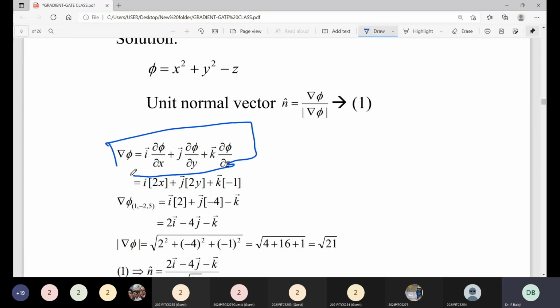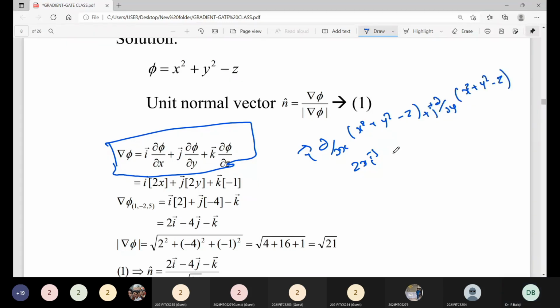Then we are finding dou by dou x of x square plus y square minus z, that is 2x into i vector. Then dou by dou y of j vector into x square plus y square minus z, that is 2y j vector, then minus of k vector.